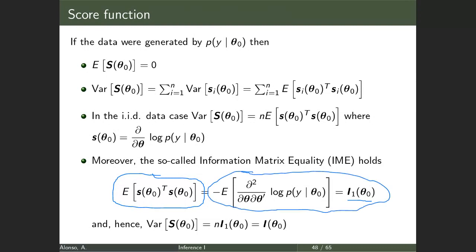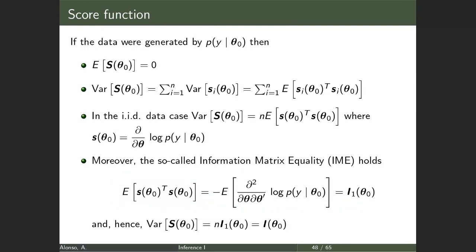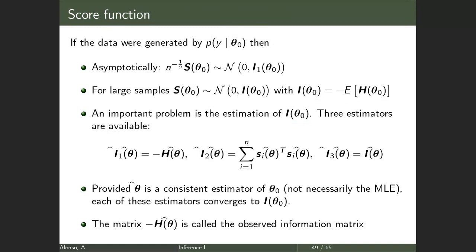But this is true only if the model is correctly specified, which is an assumption we frequently make. So the variance of the score function can be written in two equivalent ways. You can write it using this product over here, or you can also write it as the expected Fisher information matrix.